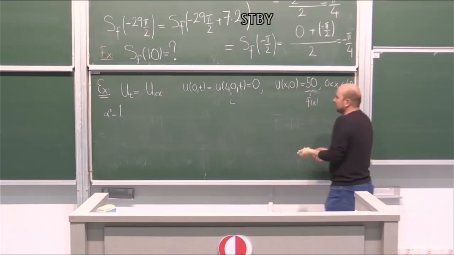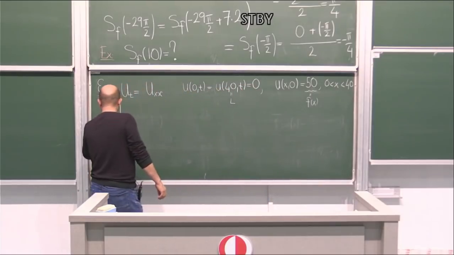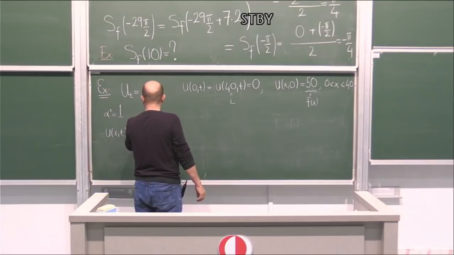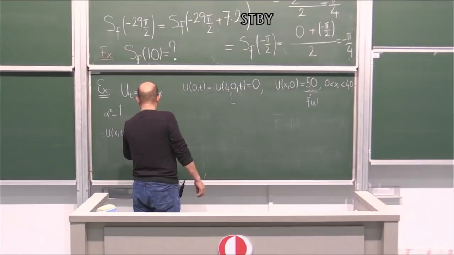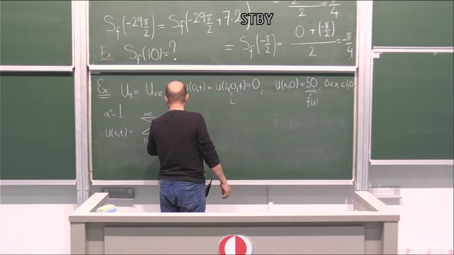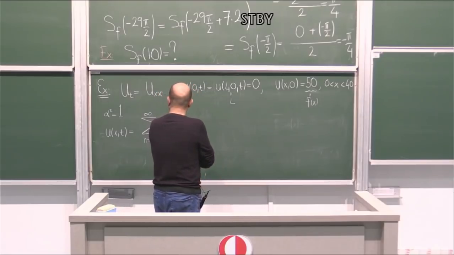So by knowing this, I know the following. u(x,t), the solution was the sum from 1 to infinity of Cn, or you can now call them Bn if you want, because we will have just the sine.